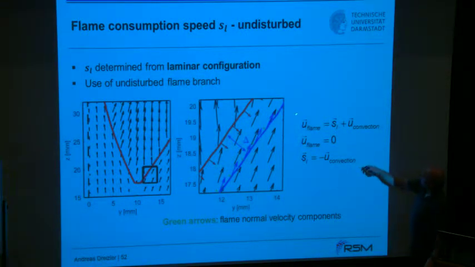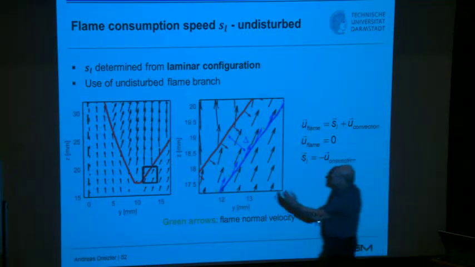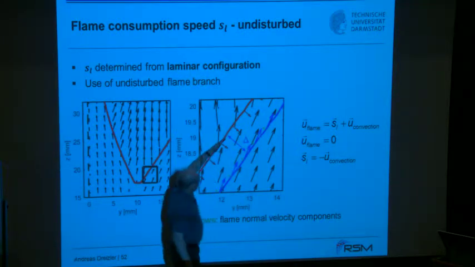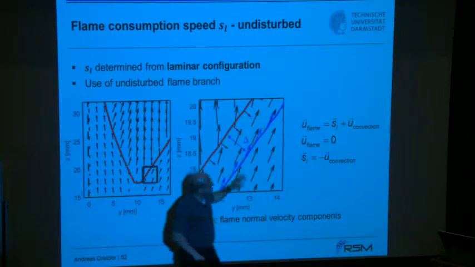The overall flame propagation is the vectorial sum of convection and laminar flame speed. You accept that again. And then we say this is a laminar stationary flame. That's why it doesn't move. So the overall flame propagation is 0.